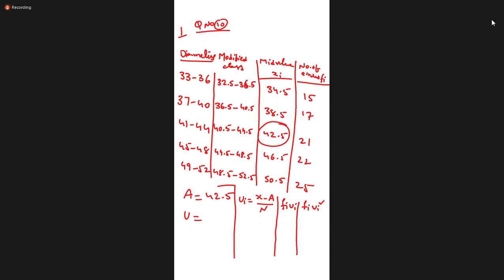So you have to find x minus 42.5 by n. Here n means frequency. What is the sum of the values of n, Fi? 25, 45, 70 plus 30, 100.